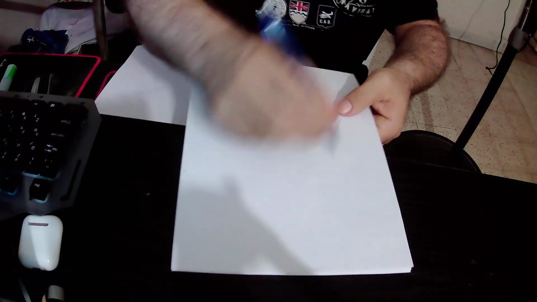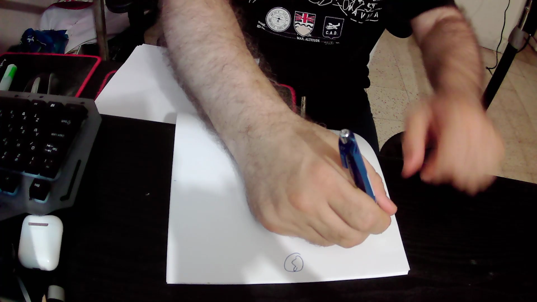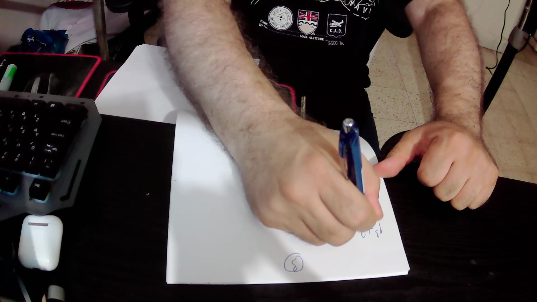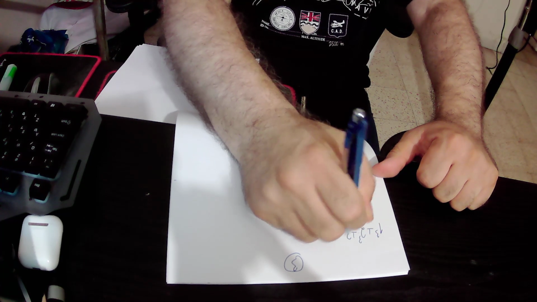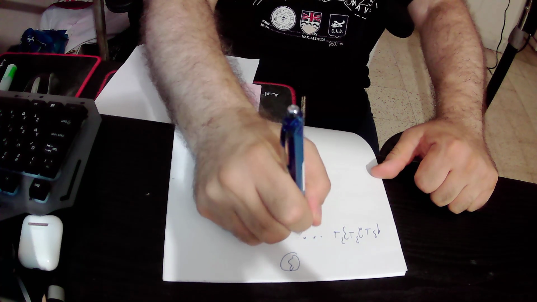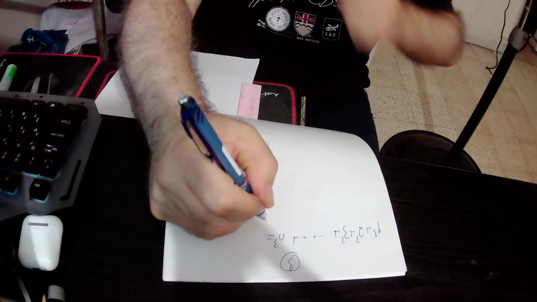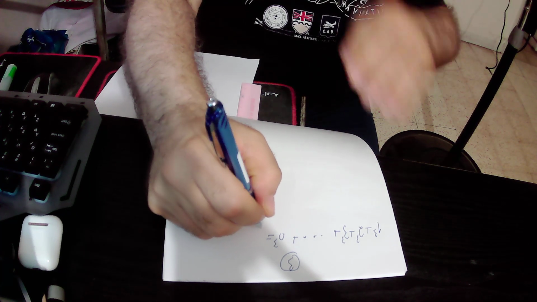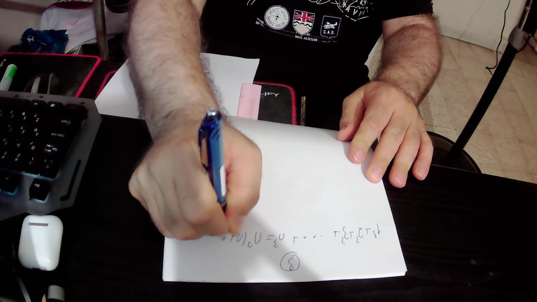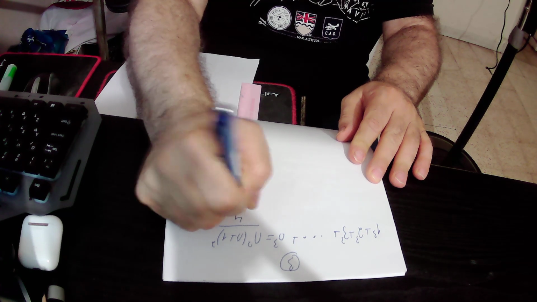The second example will be 1 to the power of 3 plus 2 to the power of 3 plus 3 to the power of 3 plus n to the power of 3 equals to n squared times n plus 1 squared, all divided by 4.